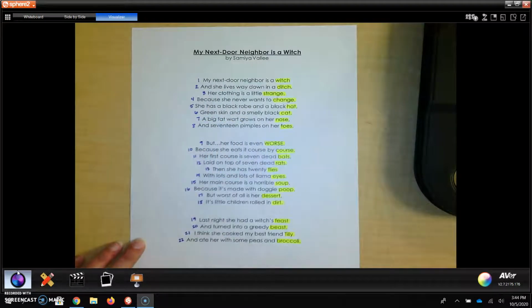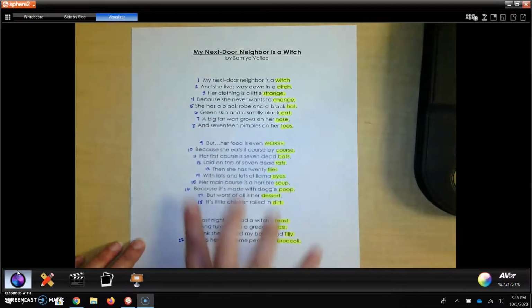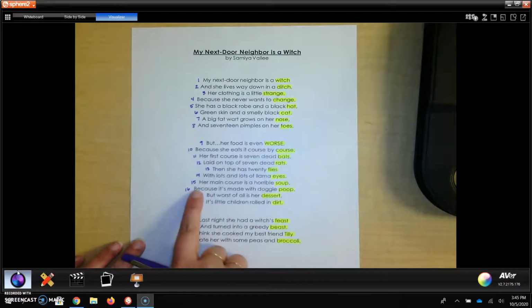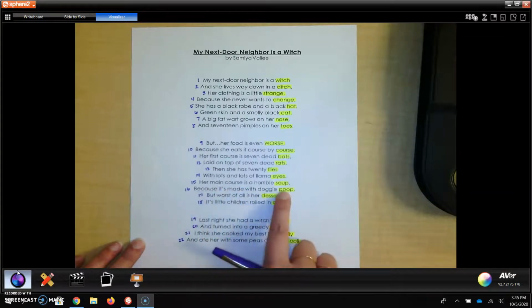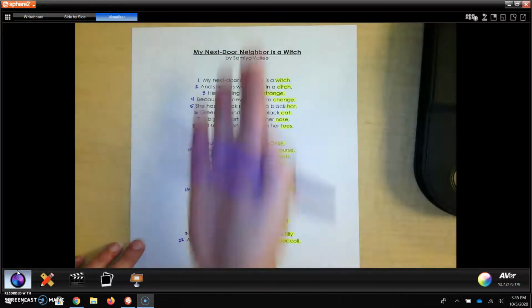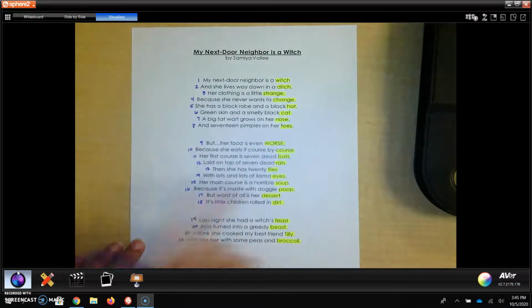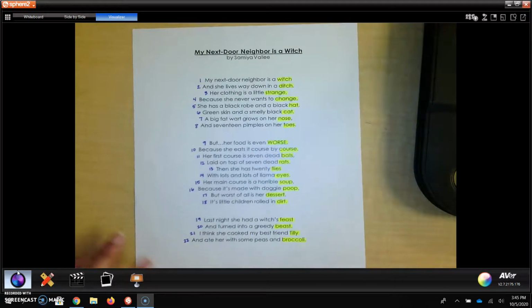Or if they say in line 16, what was the soup made out of? I can find number 16. Oh, there it is. When she made horrible soup, it was made with doggy poop. So I don't have to reread it or sit there and count it. I can just identify my line right away.